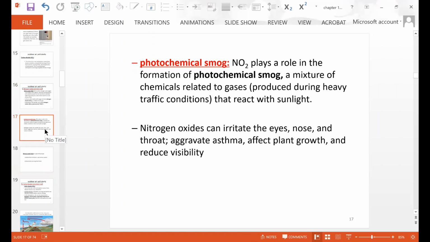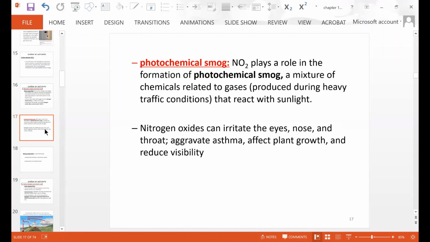Photochemical smog. Nitrogen dioxide plays a role in the formation of photochemical smog, a mixture of chemicals related to gases that are produced during heavy traffic conditions that react with sunlight.